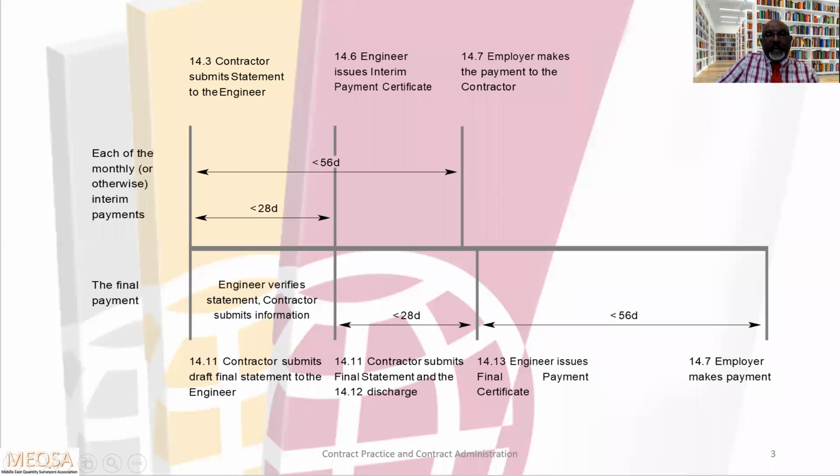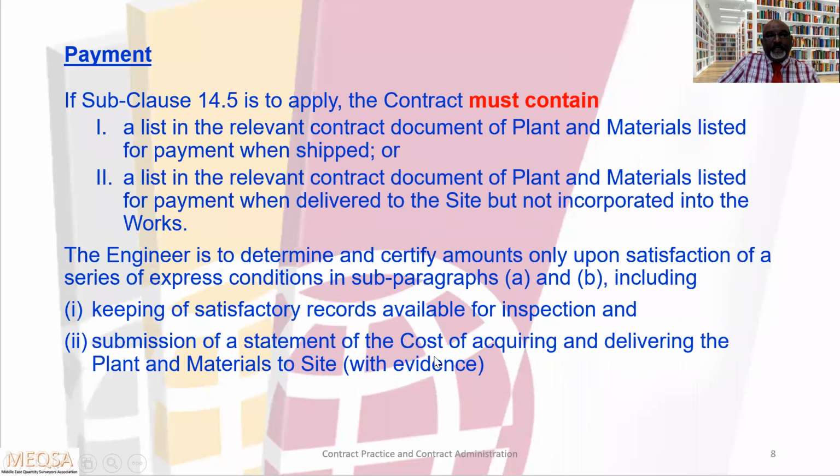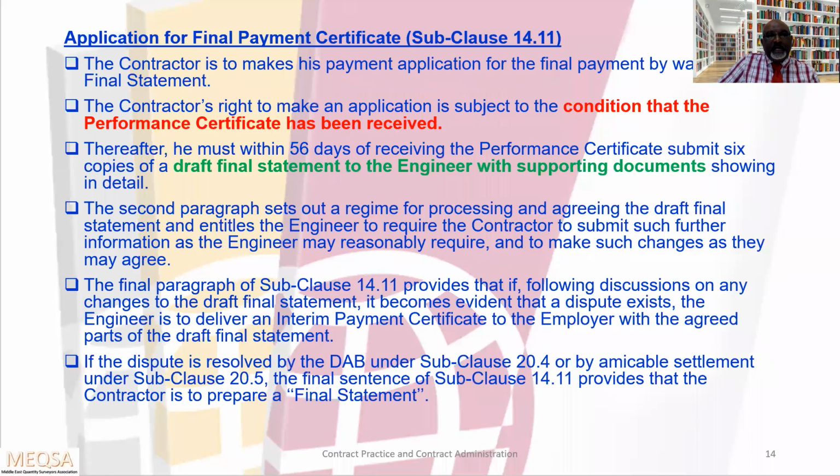This is what is simply illustrated in this diagram. So here is the narrative actually. I have just highlighted it, this red and also green as well, the draft final statement to the engineer. This is for that diagram's narrative.